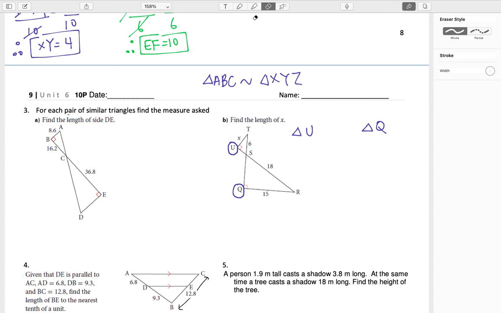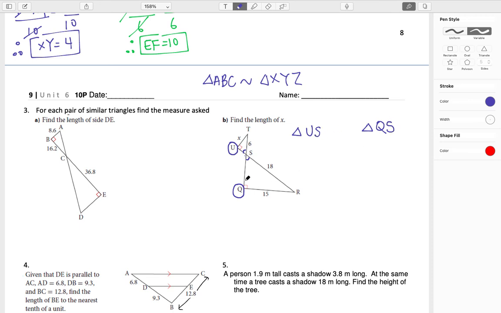Okay. And then, now we need to figure out what T is going to be the same as. Well, we know that the angle S is the same as angle S over here because they're opposite angles, using the angle theorem. So at the point S, they're sharing the same angle S. And lastly, angle T must be the same as angle R. So T and then R. So these two angles are similar.